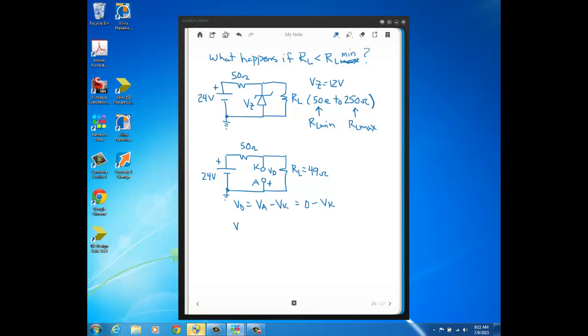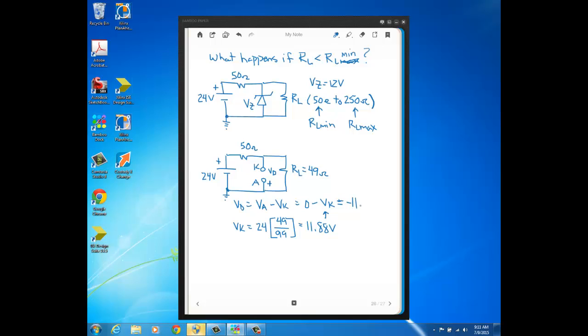VK using voltage divider is just going to be 24 times 49 over 99, 99 being 50 plus 49. And if you work this out, it comes out to 11.88 volts.